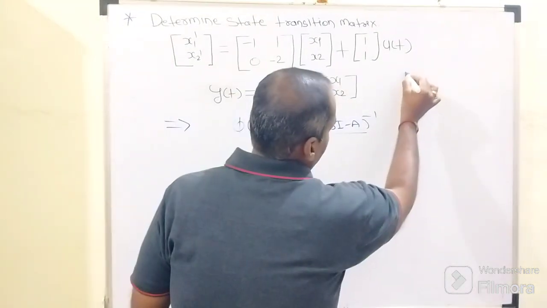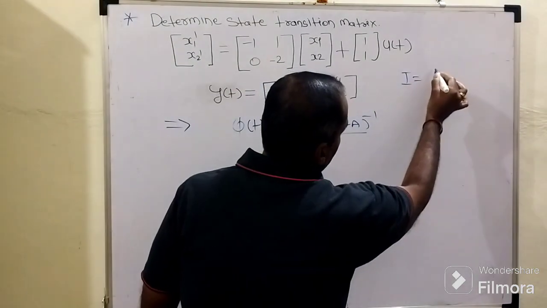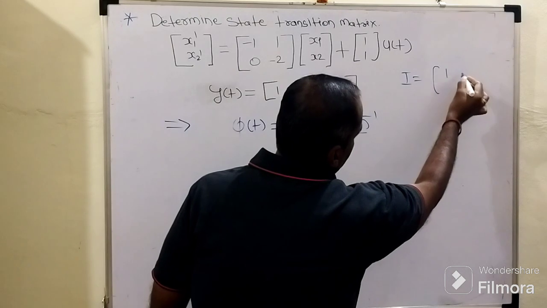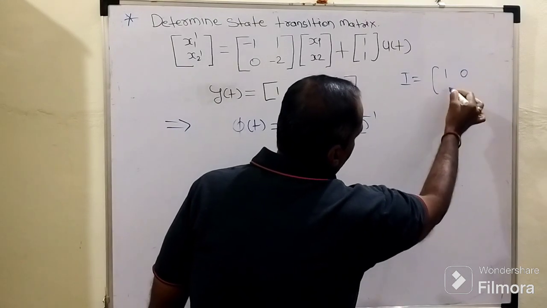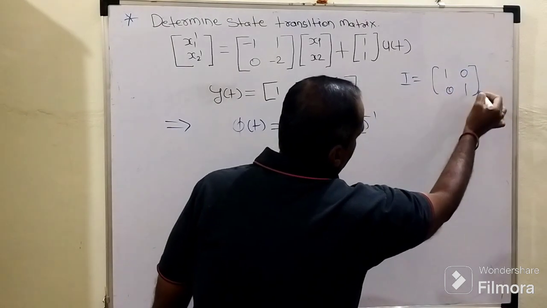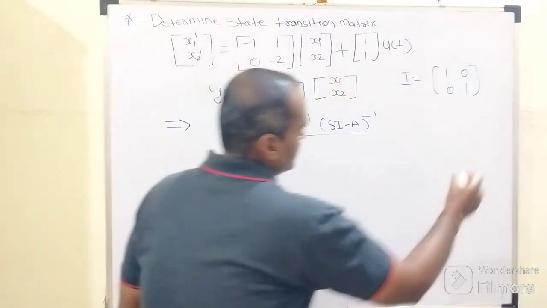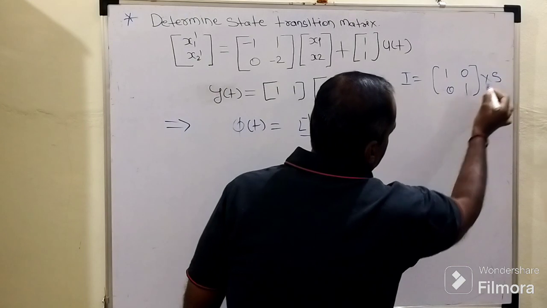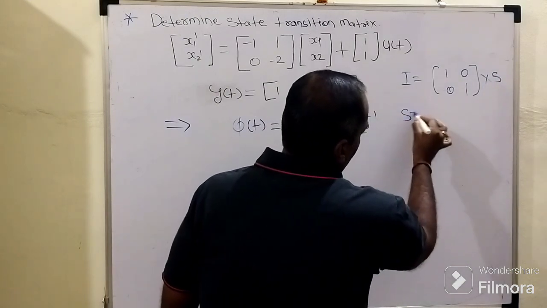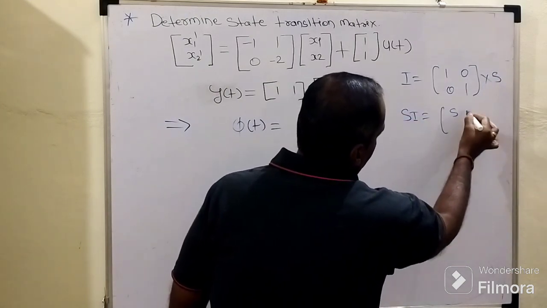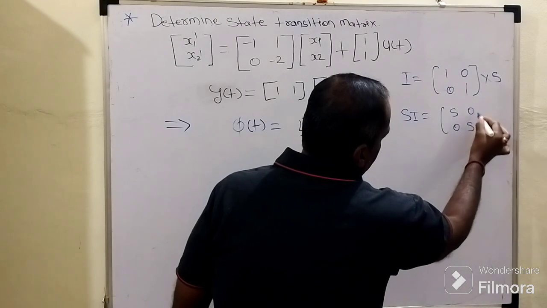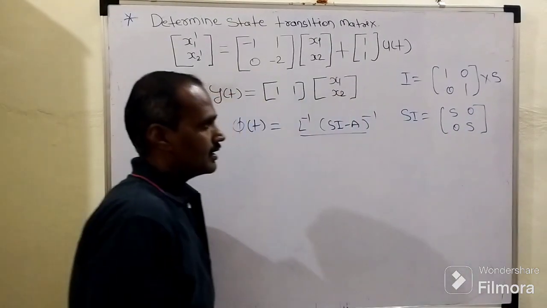As we are very much aware, this identity matrix is a 2 by 2 matrix. Its coefficients are 1 0 and 0 1. So s times I, this identity matrix, is multiplied with the variable s. So sI equals, obviously, s 0 and 0 s.